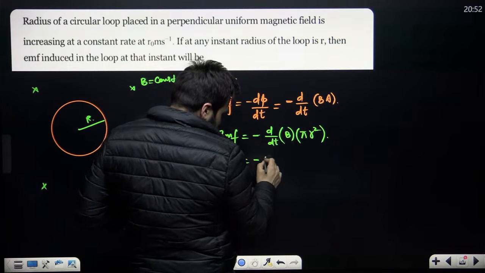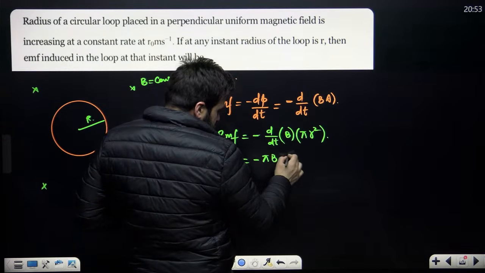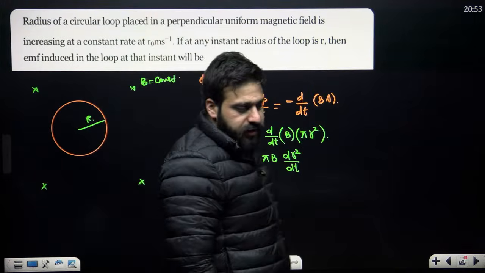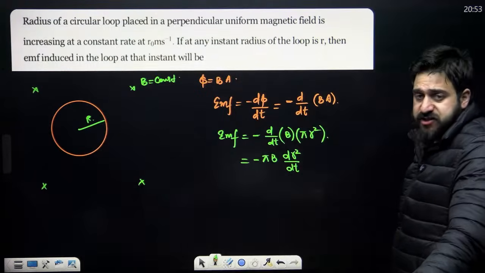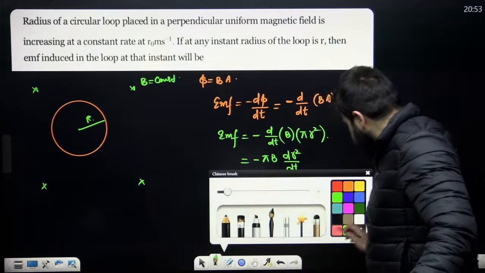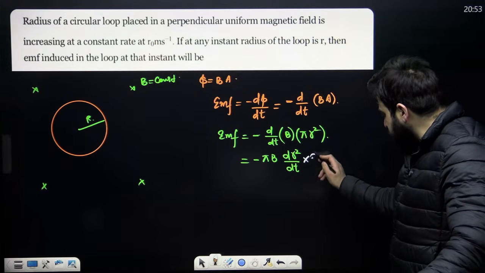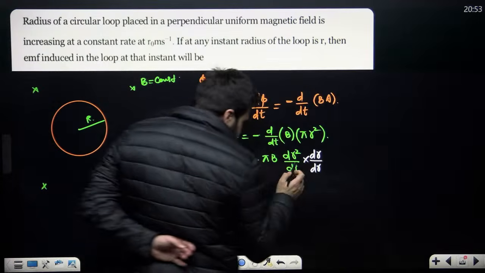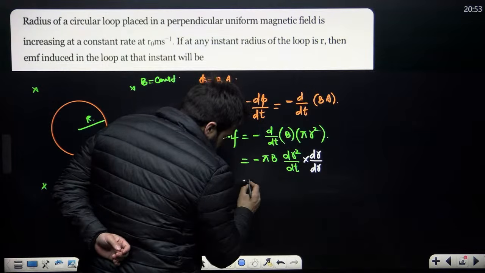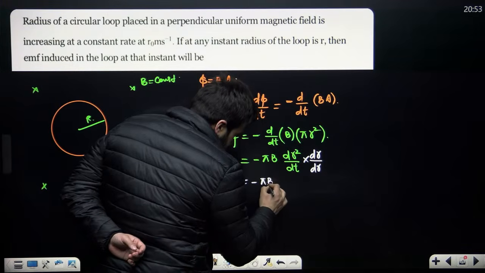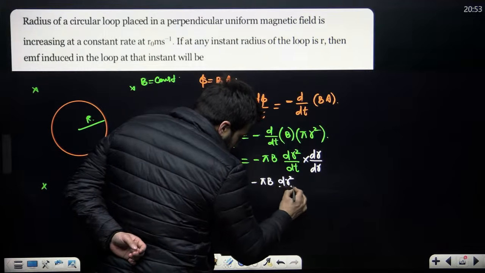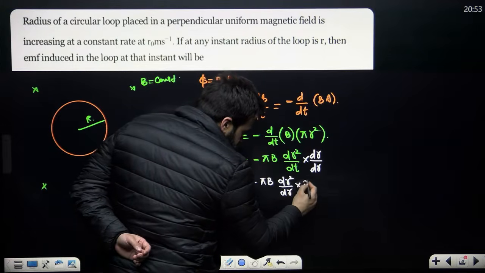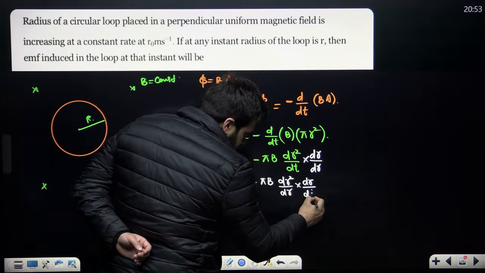So minus pi into B, then differentiation of r square, d r square divided by dt. Now the problem here is you are differentiating r square with respect to t, which is not directly possible. So do one thing: multiply with dr and divide with dr. It will cancel out again. So it will be minus pi B, then d r square divided by dr, into dr divided by dt.